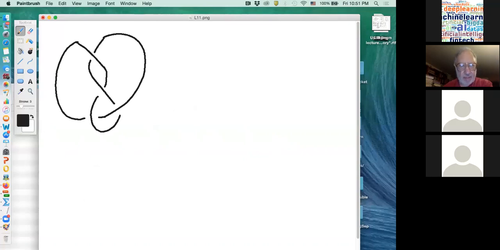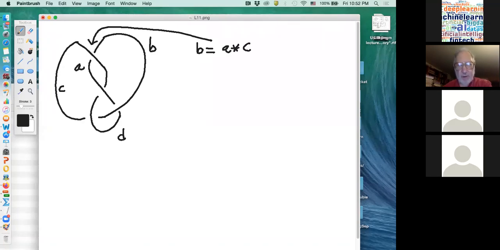And I have a couple of arcs in the knot. Maybe I've labeled them with letters: A, B, C, and D, 4 letters. And I choose a crossing, and at every crossing I get a relation, you see. So I get a relation here that says that B is equal to A times C.